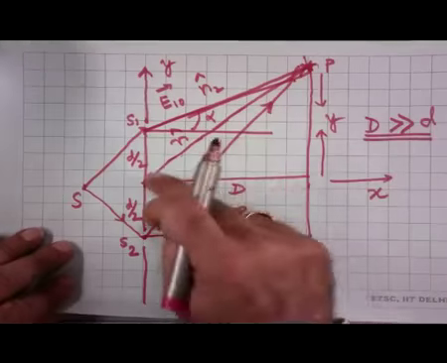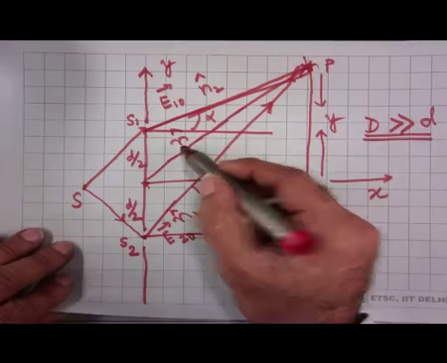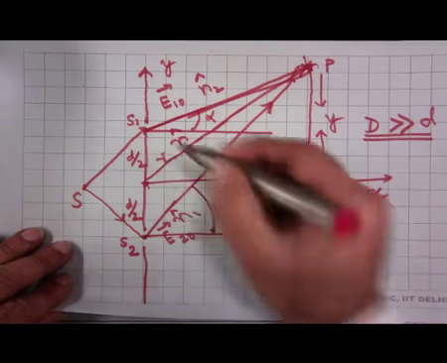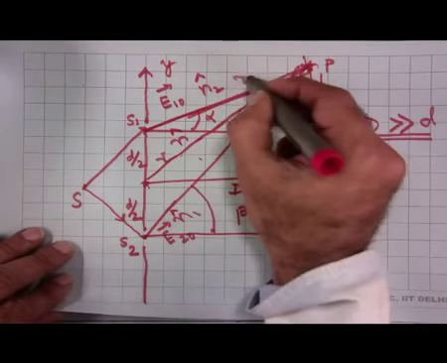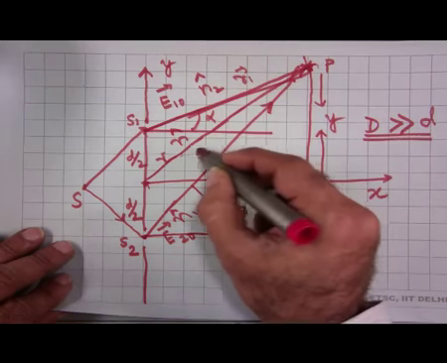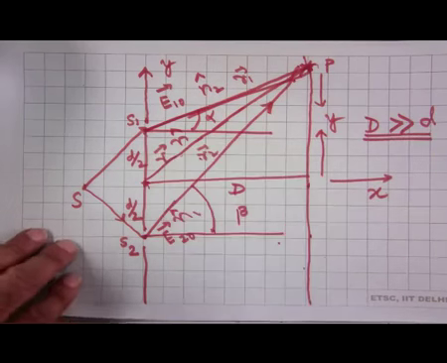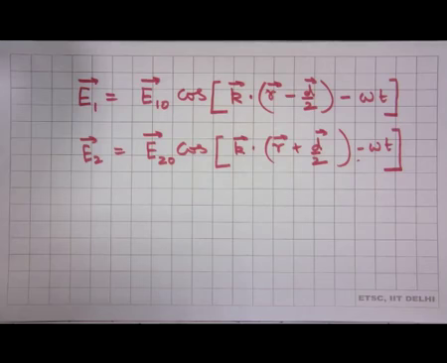I am doing a vectorial addition. That is all what I am doing. This is my r. So this is r1, this is r2, and this is my r. So that is what I have done, and this is our expression.